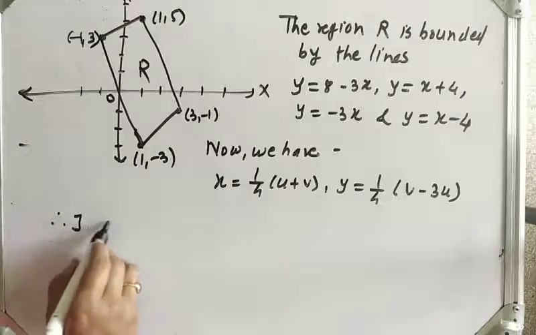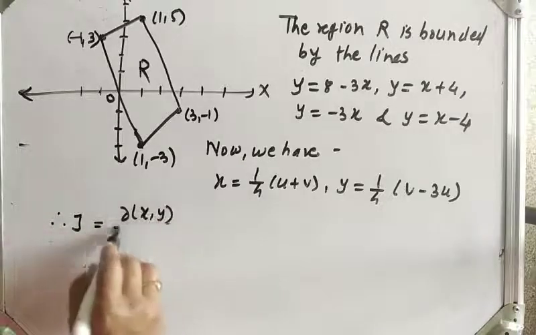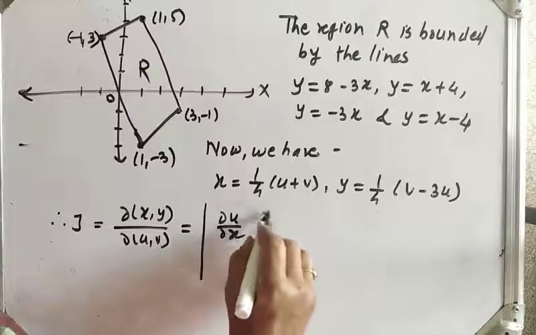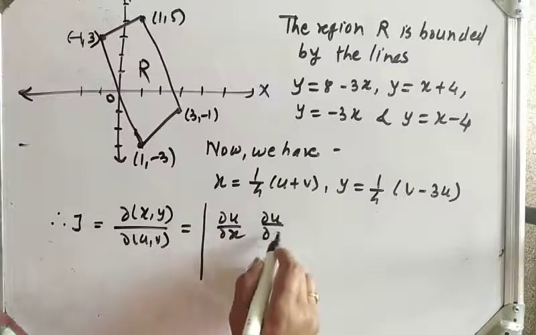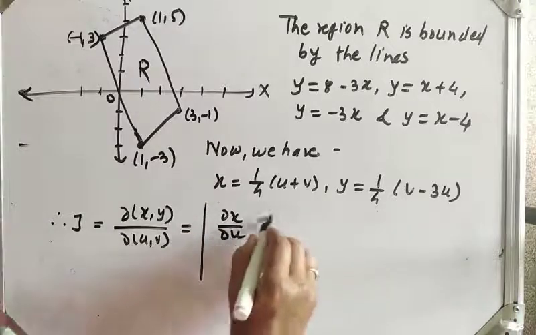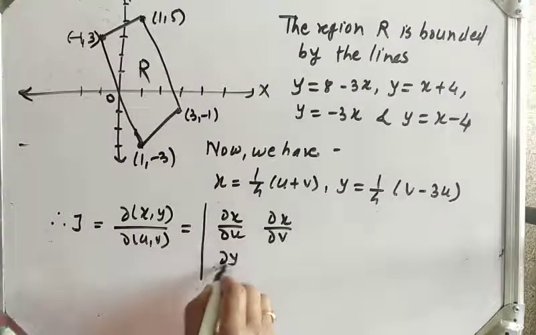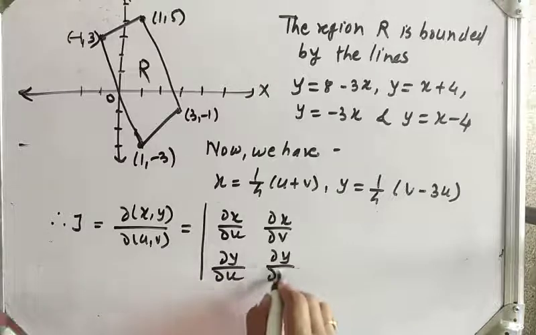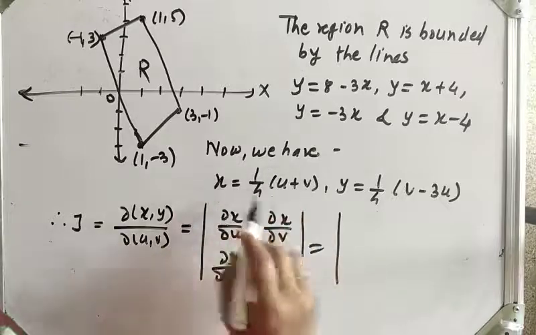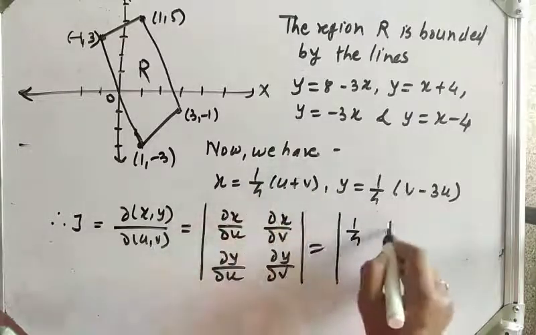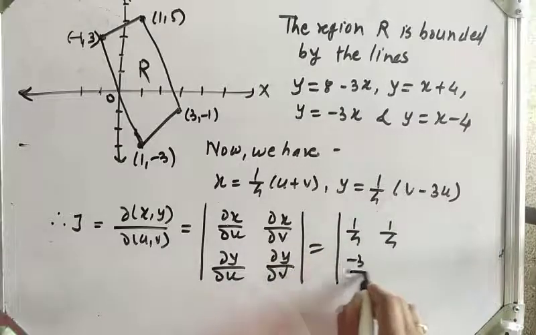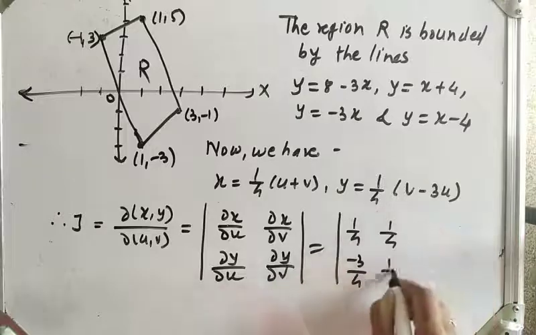Therefore J is equal to the partial of (x, y) with respect to (u, v), which is the determinant of partial derivative of x with respect to u is 1 by 4, with respect to v 1 by 4, and the partial derivative of y with respect to u is minus 3 by 4, with respect to v it is 1 by 4.